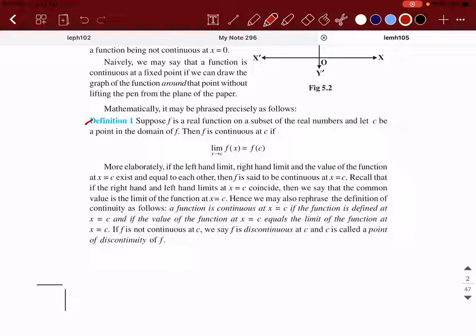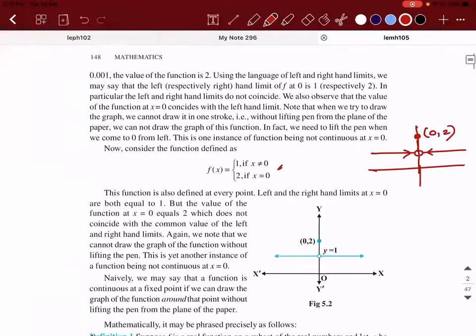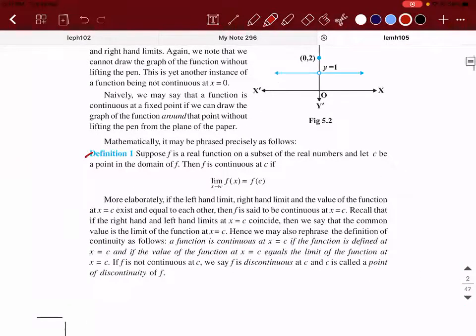So what is the page number? 148. In page 148, there is definition number 1.